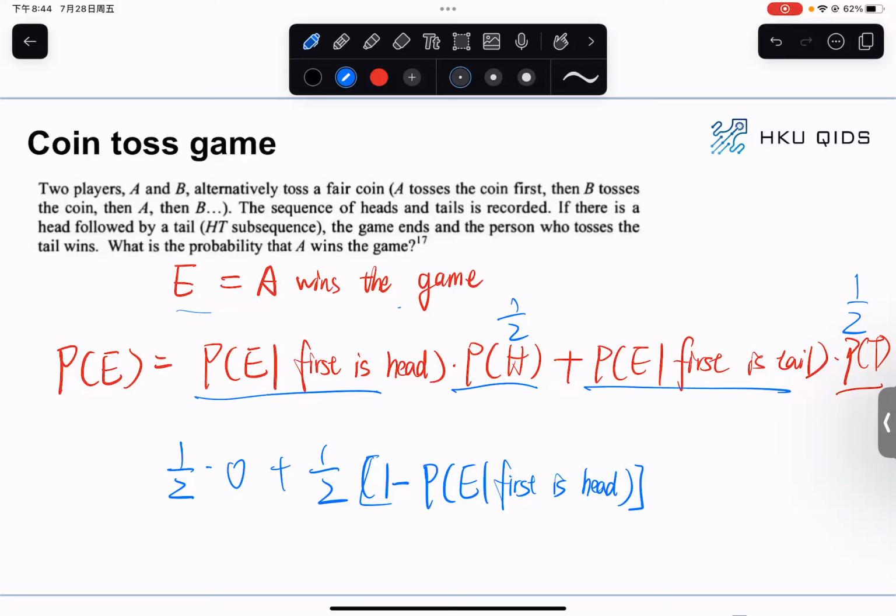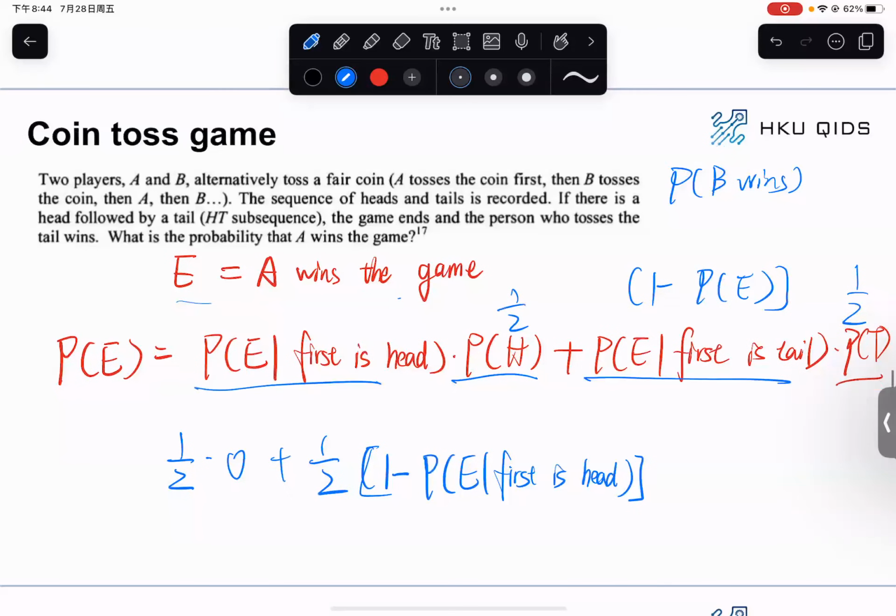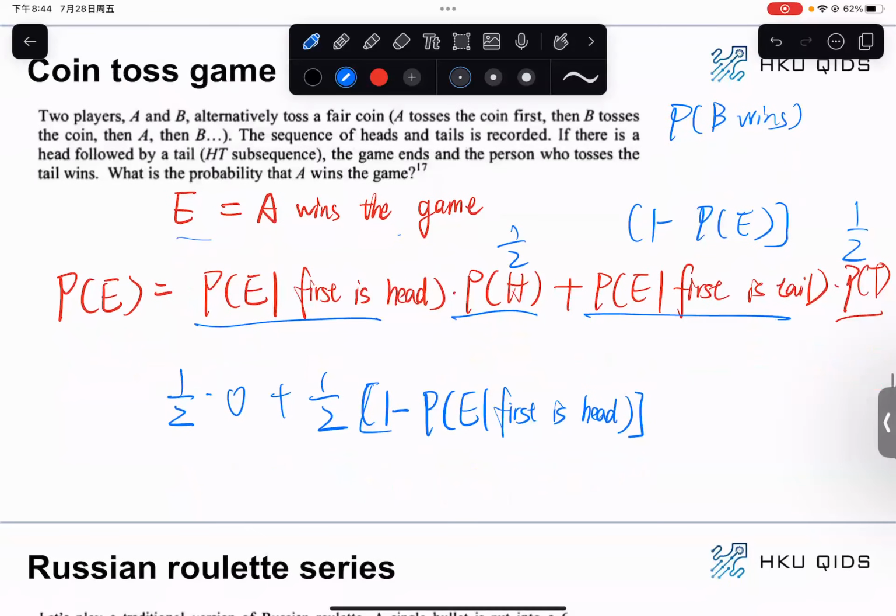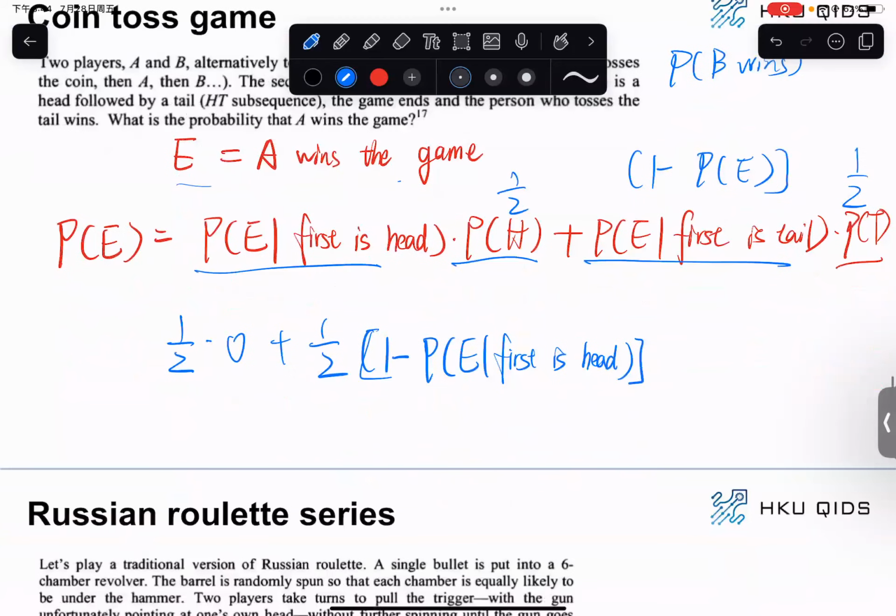And on the other hand, if the first is tail, then the probability is going to be probability B wins, right? Because if the first one is tail, it's basically the same as if we start a very new game. So it is going to be just 1 minus probability E. And we know this part is going to equal this part.